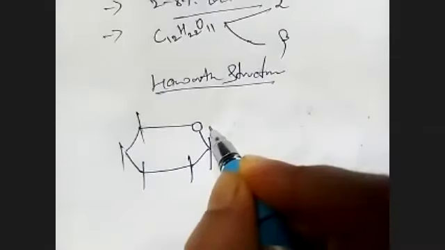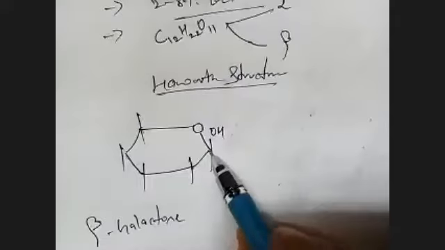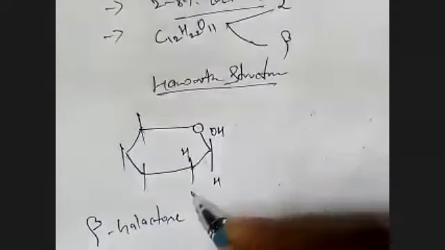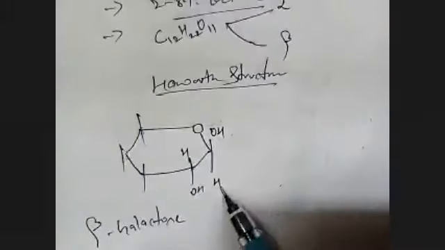As I informed you, we are writing beta galactose. Beta means the first carbon should change. You can see the H here and OH here.